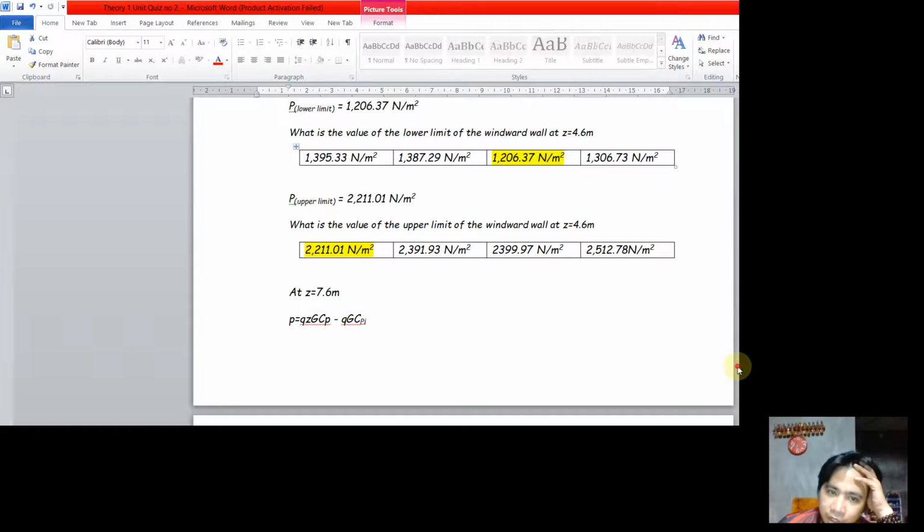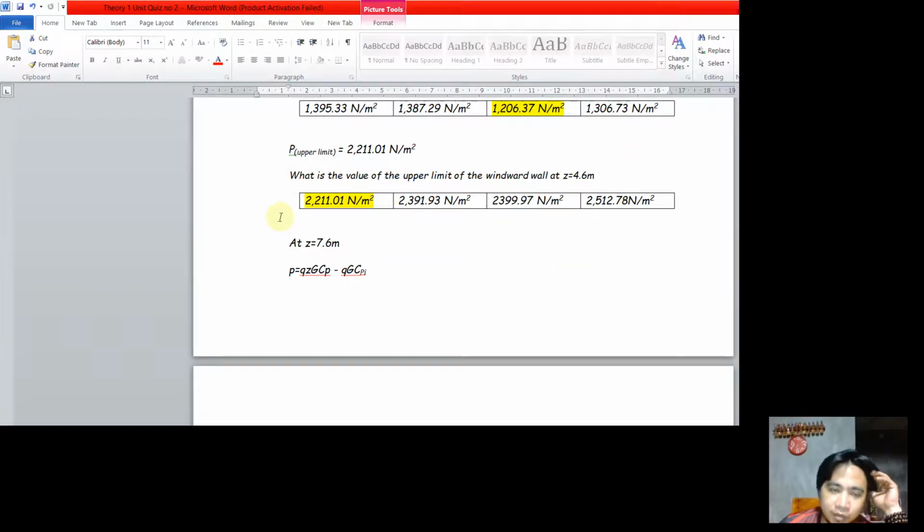We're going to do that at the next height level of 7.6. The same formula, we have QZ GCp minus QGCpi. The QZ for 7.6 is 2,778.84, multiplied by the gust effect factor for a rigid structure, 0.85, and then 0.8 for the Cp for all values of windward wall. Then this is a steady value again.